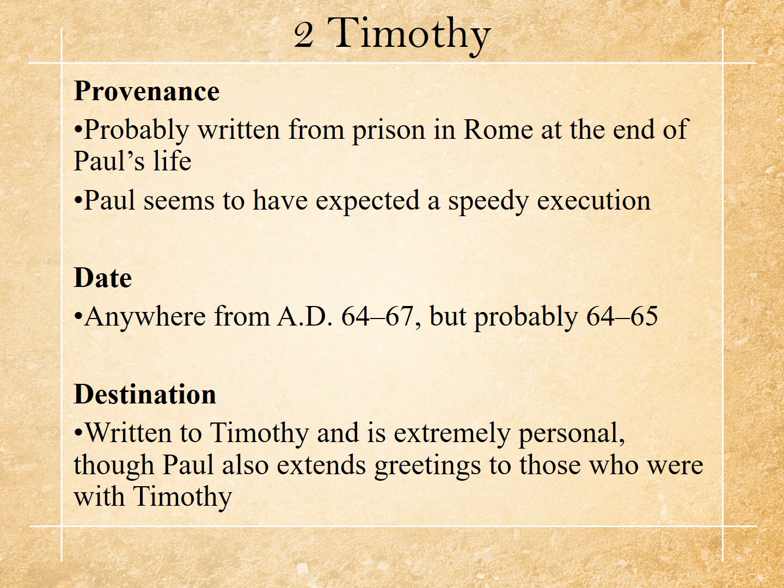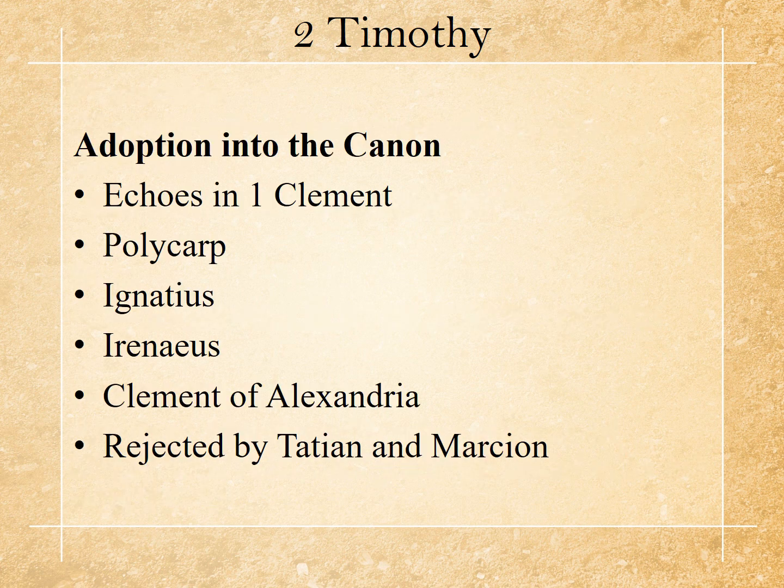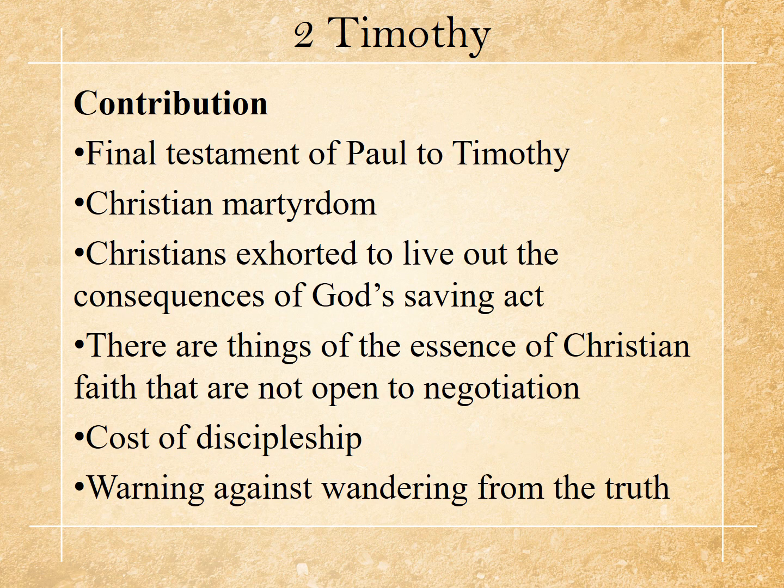The date is anywhere from 64 to 67, probably 64, 65. Its destination is Timothy, and he extends his greetings to those who are with him. 2 Timothy gets adopted into the canon. Echoes of it are found in 1 Clement, Polycarp, Ignatius, Irenaeus, Clement of Alexandria, but it's rejected again by Tatian and Marcion. Marcion's a heretic, so we're not even going to give him credit.